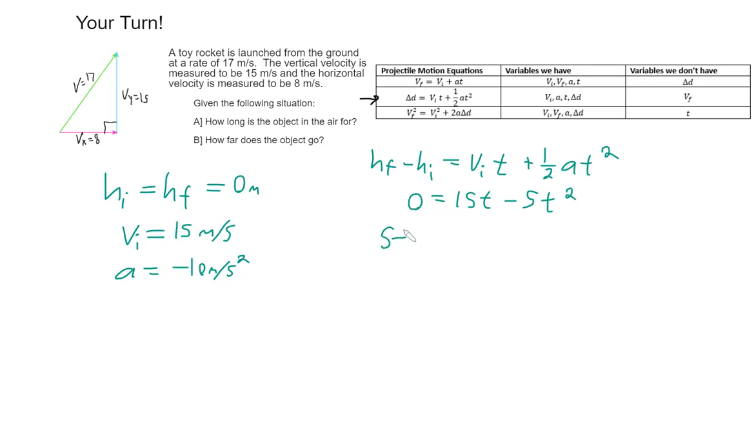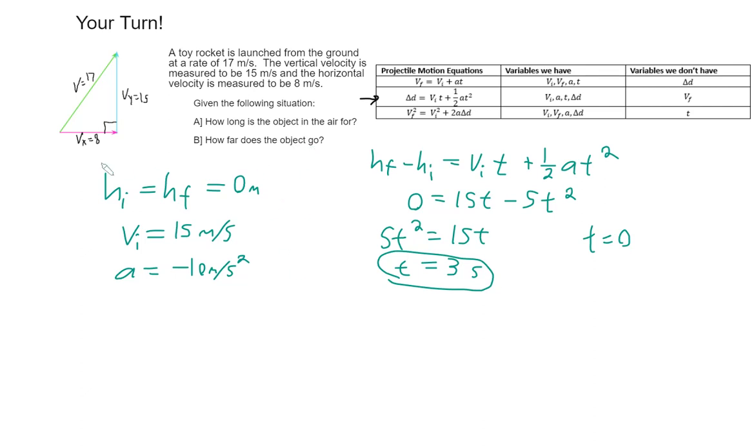So 5t squared is equal to 15t. Again, we know that t being 0 is a solution because it starts on the ground. So I'm going to divide both sides by 5t, and I'm left with t is equal to 3 seconds. All right, so how far does the object go?